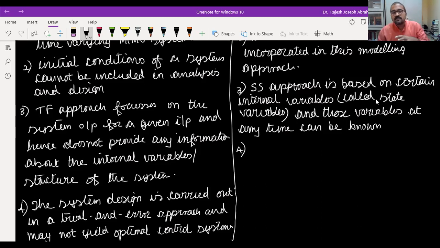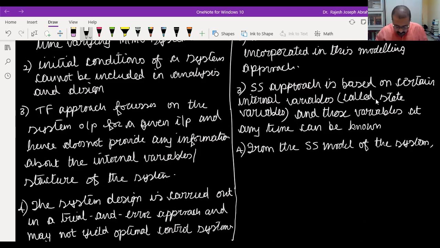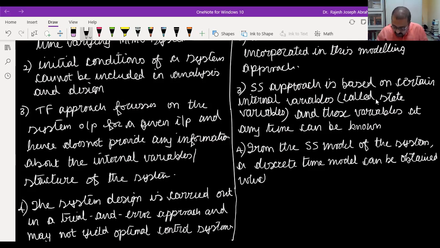Suppose you want to implement a control system in a digital computer, then we need a discrete time model, which can be easily obtained from the state space model of the system.